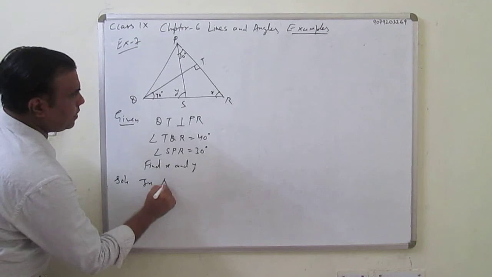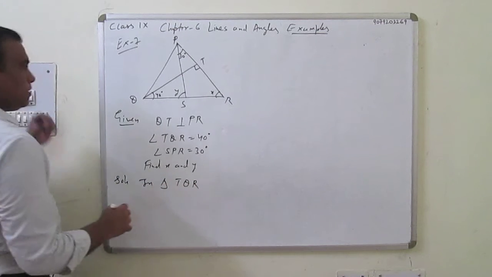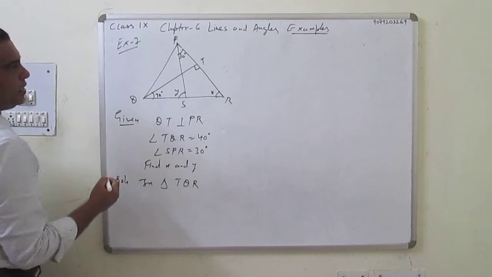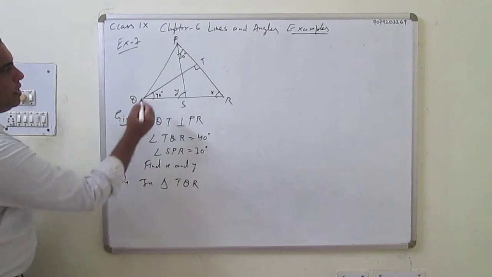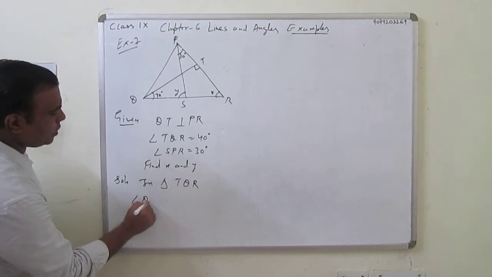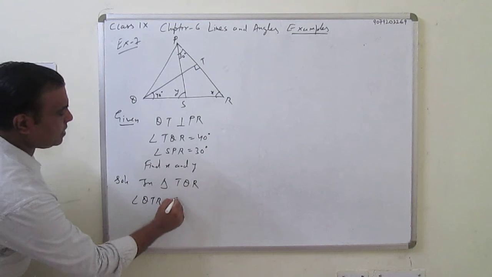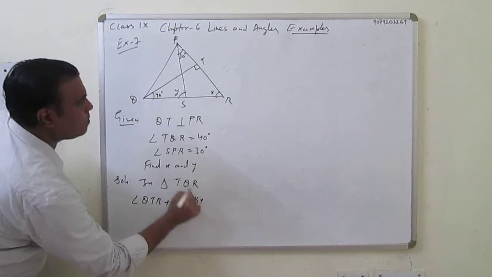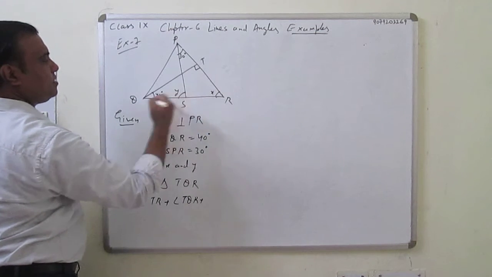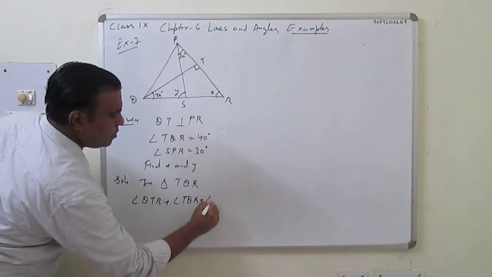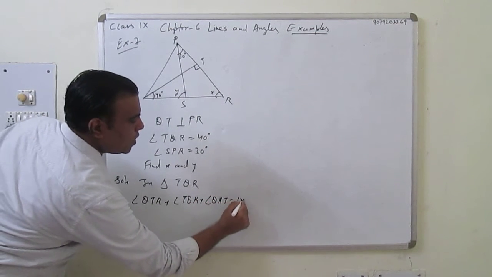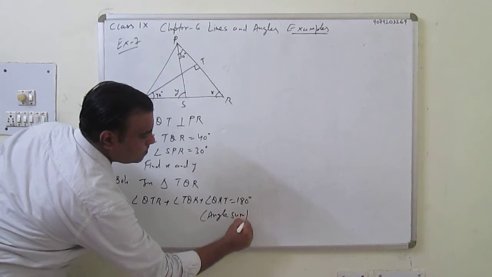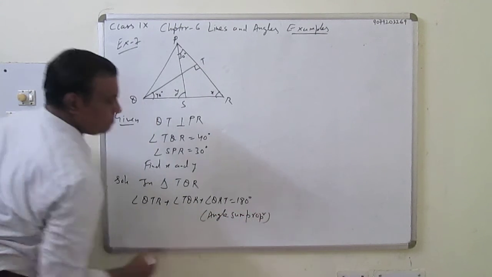Solution: in triangle TQR, the sum of three angles is 180, that is the angle sum property. Angle QTR plus angle TQR plus angle X, that is QRT, is 180 degrees, angle sum property.